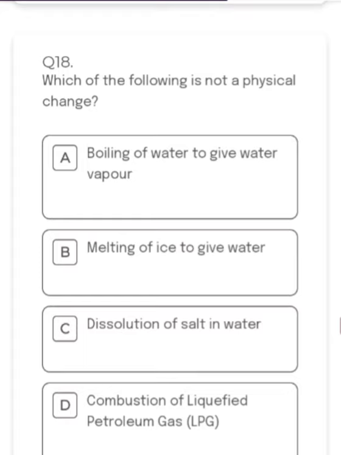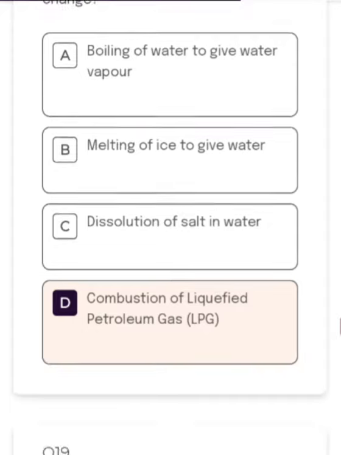But combustion of liquefied petroleum gas is not a physical change, it is a chemical change. Therefore, the correct option is option D. Combustion of liquefied petroleum gas is not a physical change.